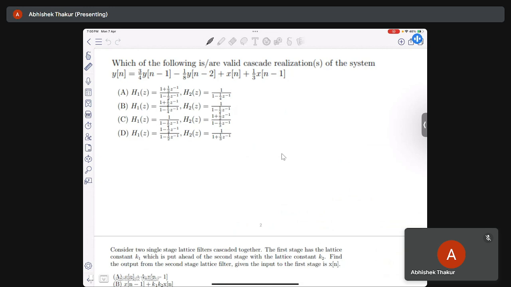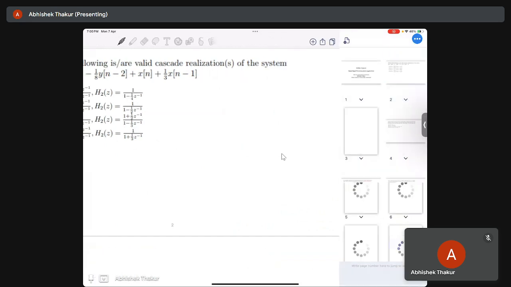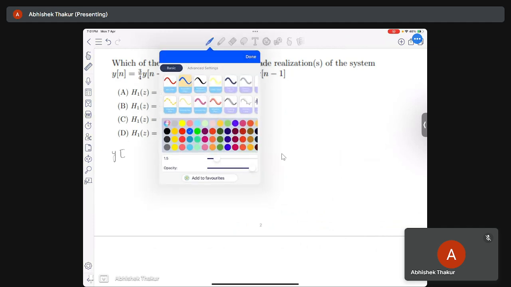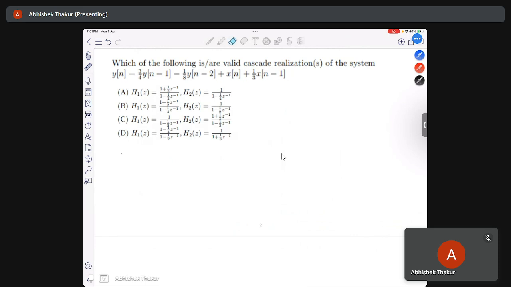So given in this question is y[n] = 3/4 y[n-1] - 1/8 y[n-2] + x[n] + 1/3 x[n-1].